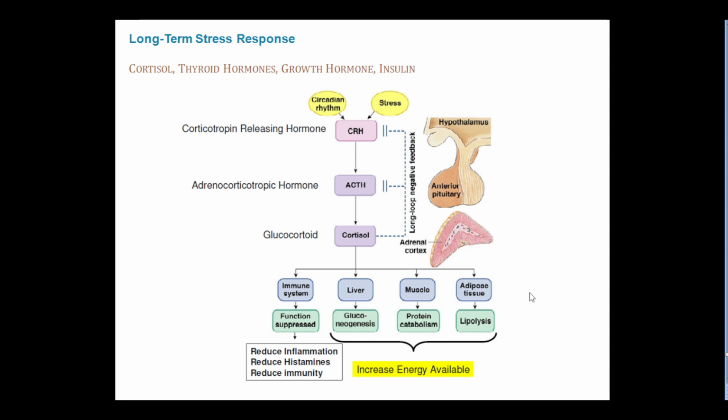So as you understand, once again, the body cannot sustain the burst of energy mediated by epinephrine and norepinephrine for a long time. Instead, other hormones will come into play. In a long stress response, the hypothalamus will trigger the release of ACTH from the anterior pituitary. And in response, the adrenal cortex, stimulated by ACTH, will release steroid hormones called corticosteroids or glucocorticoids.